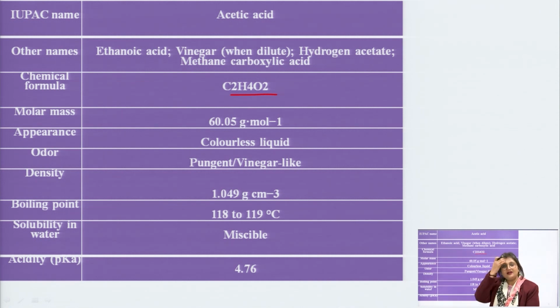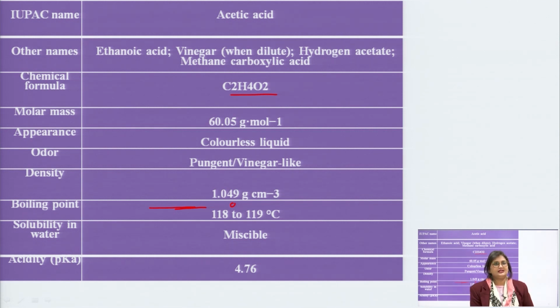It has a pungent odor or a vinegar-like odor. Acetic acid has a boiling point of 118 to 119 degrees Celsius.